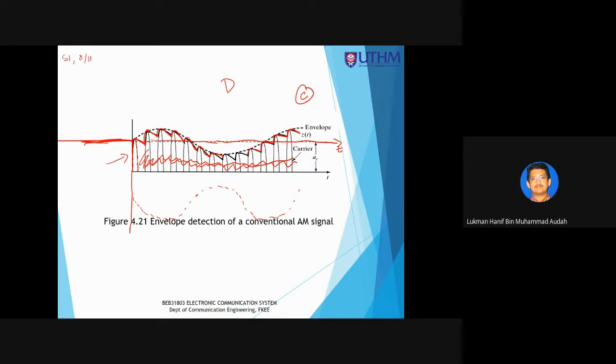Okay, pada point D dia berbentuk sine wave dan kalau you lihat bahawa sine wave ini adalah VMT. Dia mempunyai bentuk yang sama dengan original signal daripada input. Okay, tetapi dia tidak smooth. So how to make it smooth?